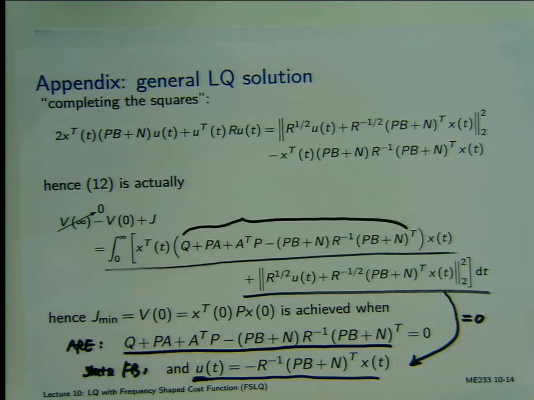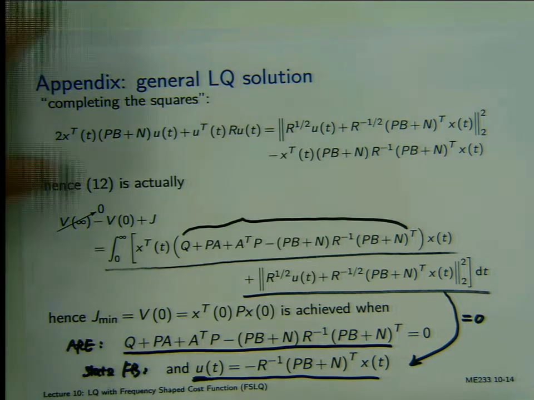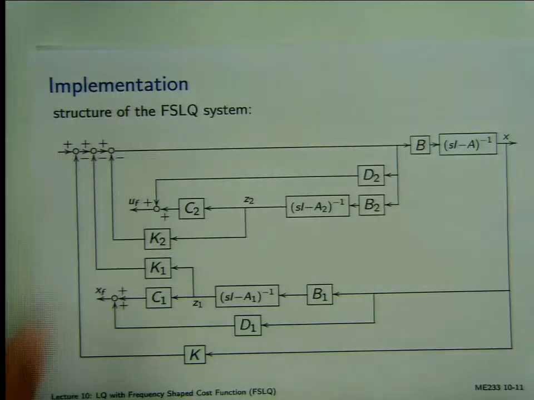So any questions for this part? Is it finally clearing up, or are you still confused? Okay, if you have any questions, feel free to come to my office hour.